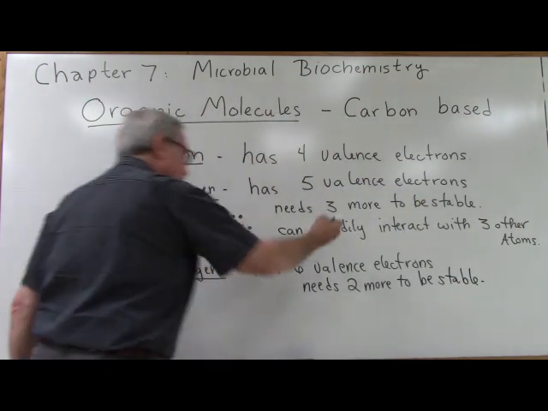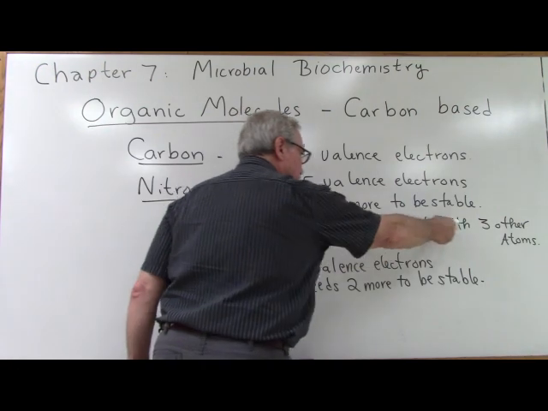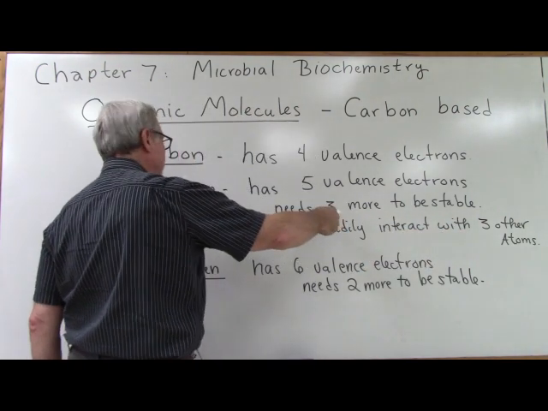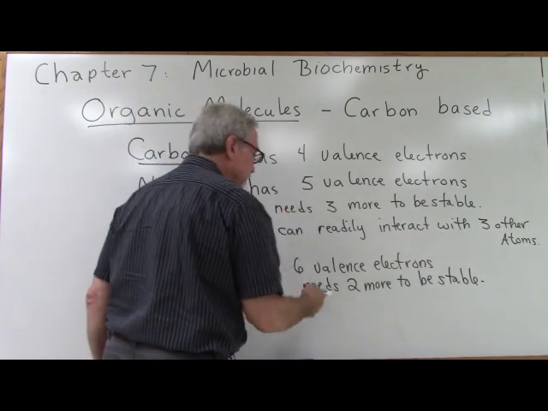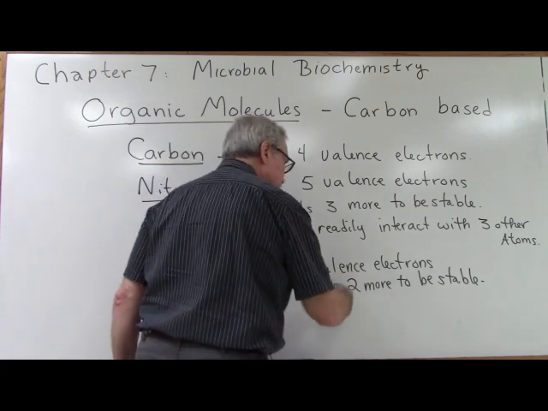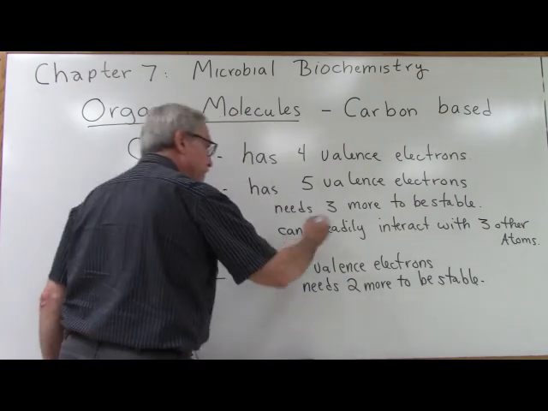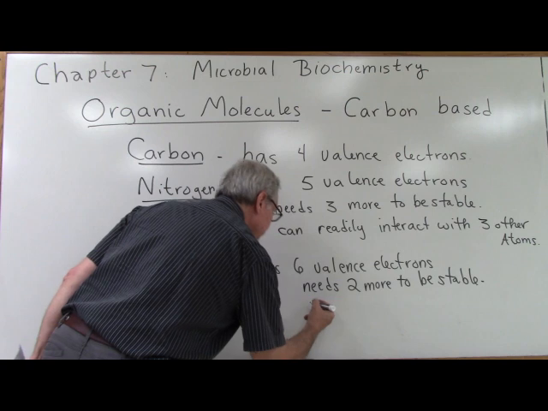And again, it can readily interact with 1 fewer than nitrogen, which interacts with 1 fewer than carbon, so that would mean 2. So it readily interacts with 2 other atoms.